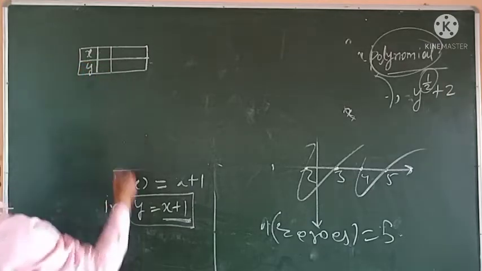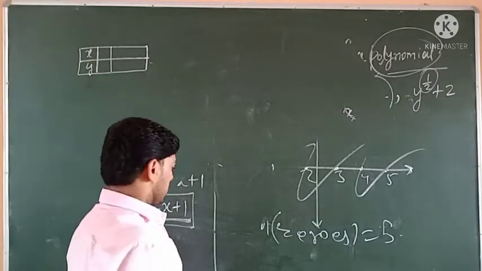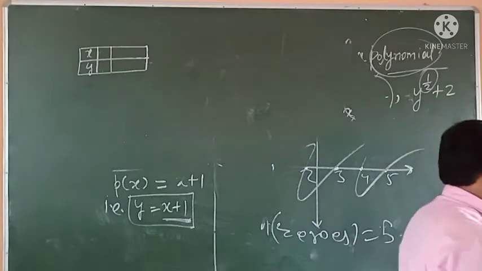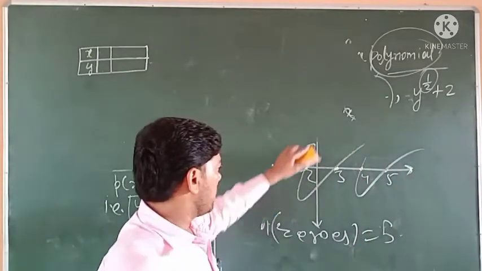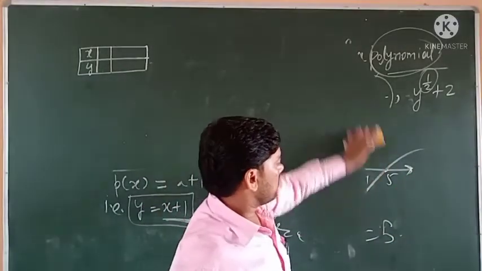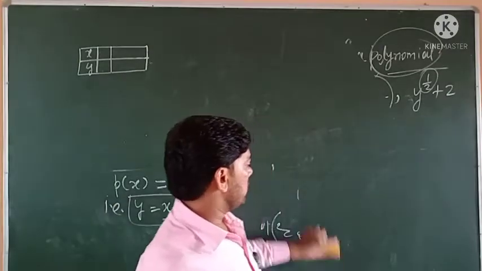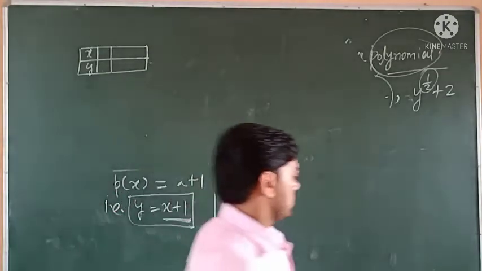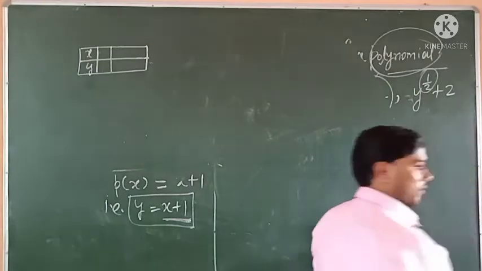On the x axis, the coordinates of a point are of the form (x, 0). On the y axis, the coordinates of a point are of the form (0, y).